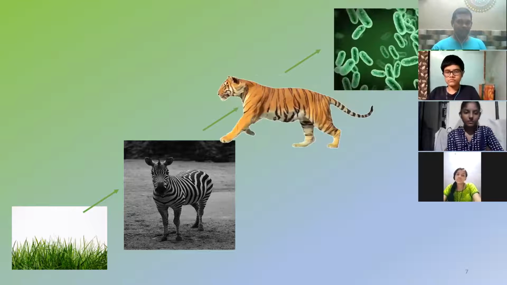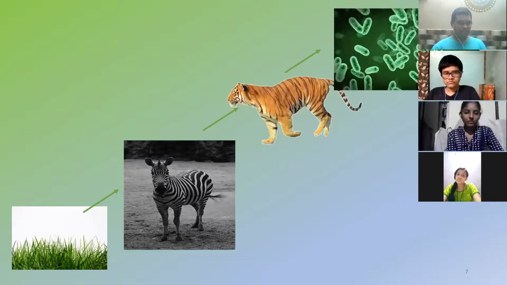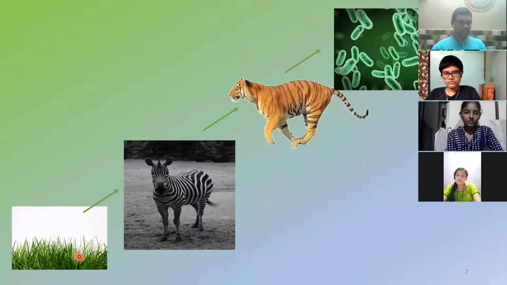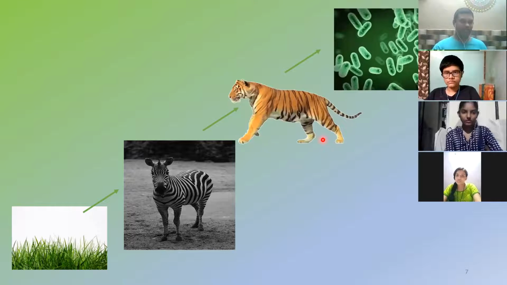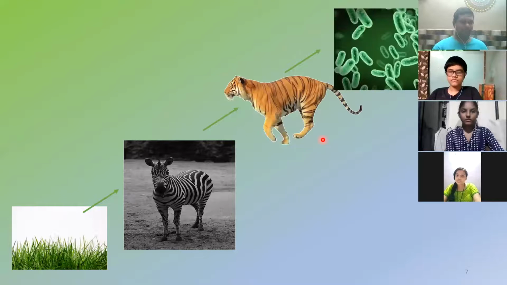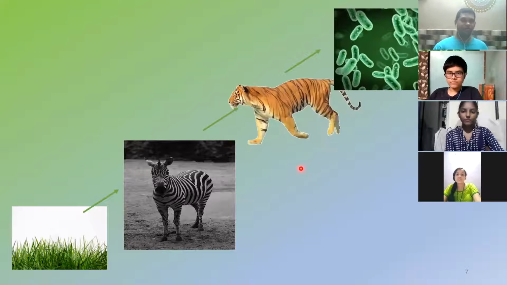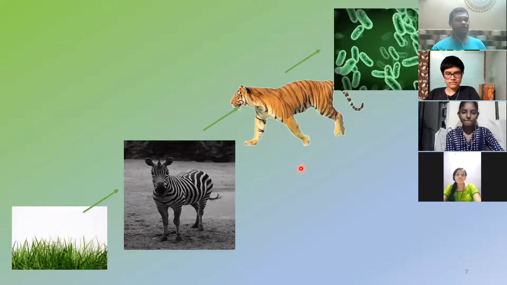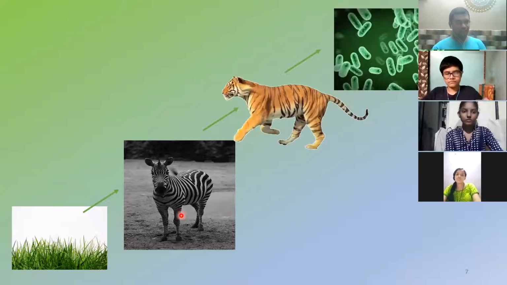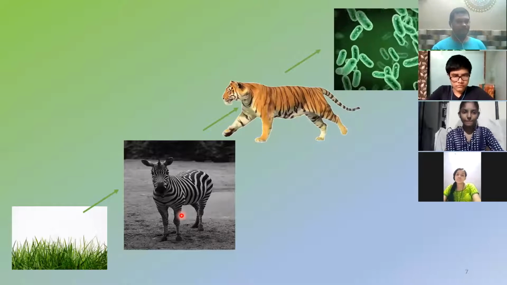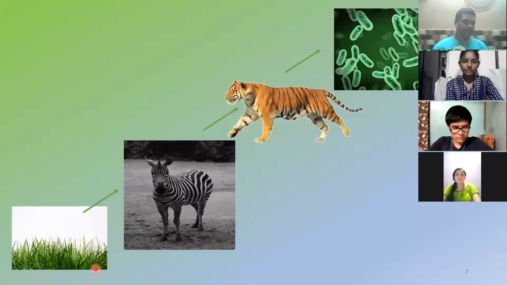So it's like when these microorganisms, they decompose the bodies of all the others, whatever elements were there in the bodies, they are ultimately made up of some elements. They go back to the soil. A body of a tiger will decompose, the nutrients will go back to the soil. Body of the zebra will decompose, it will go back to the soil. Plants will decompose, it will go back to the soil.